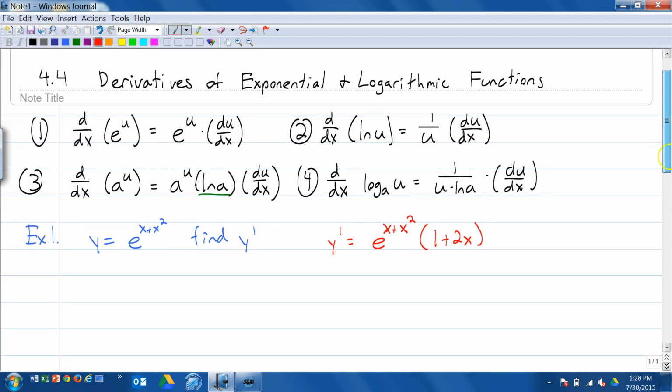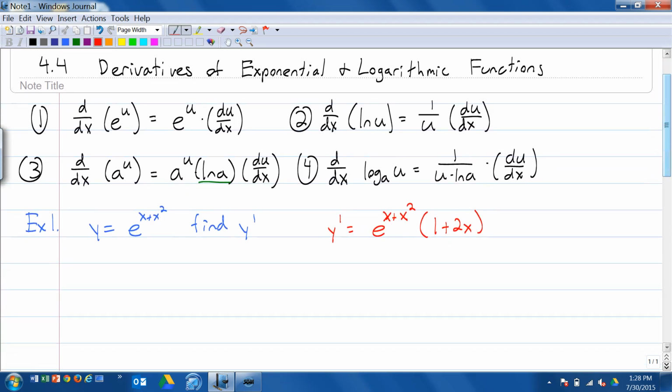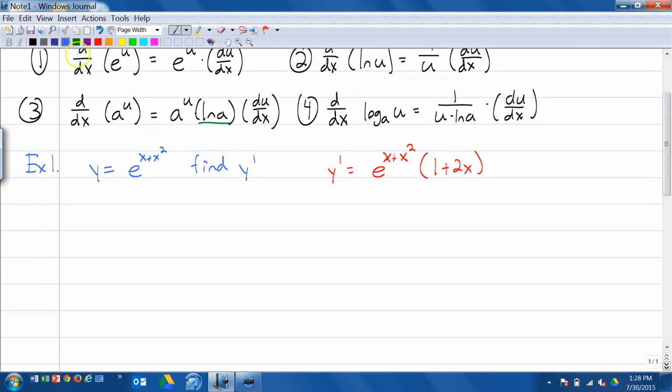Okay, let's do another one. It's kind of like a piece within a piece for this next one. So find y prime. If we have y is equal to log base a of a to the sine x, and again you can actually use log properties to do this one.